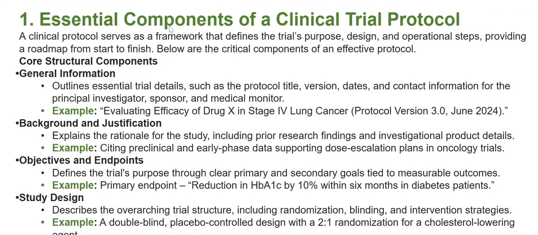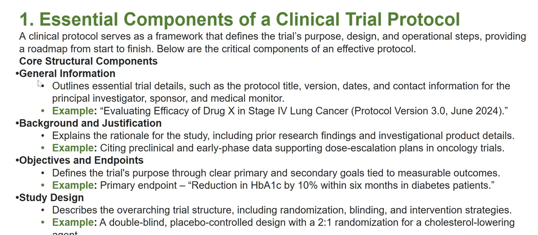We'll start with essential components of a clinical trial protocol. A clinical protocol serves as a framework that defines the trial's purpose, design, and operational steps by providing a roadmap from start to finish. Below are the critical components of an effective protocol. Core structural components.